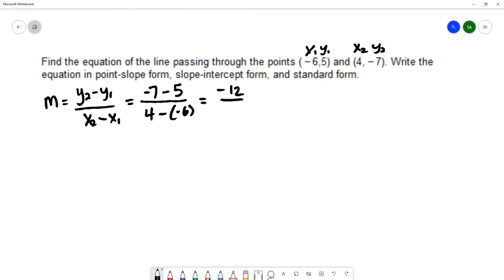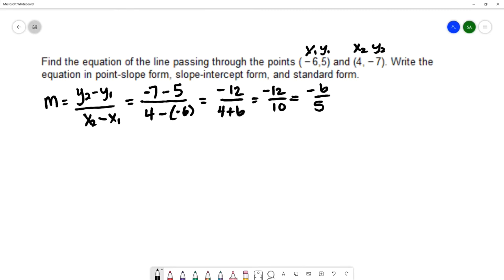In the denominator we have 4 minus a negative 6. 4 minus a negative is plus, so 4 plus 6, which is 10. Then we'll reduce this fraction. They have a common factor of 2, so that becomes negative 6 over 5 when we cancel out the 2's.